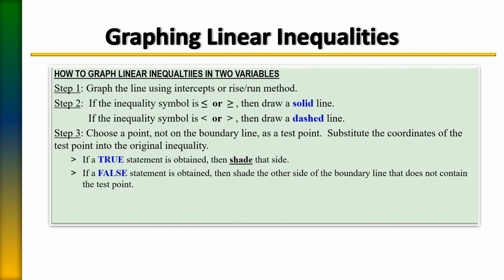If you have the less than or equal to or the greater than or equal to symbol, then you're going to sketch a solid line. If, on the other hand, you have just the less than or greater than symbol, then you're going to sketch a dashed line. In other words, have a space between your lines.